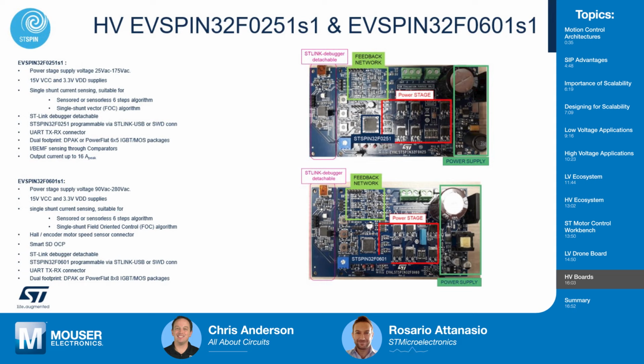The power stage can be implemented with either MOSFETs or IGBTs in multiple package options. For example, here we are showing the DPAK, but this board can also be mounted with PowerFLAT 5x6 packages. So it's a very flexible platform that again suits very well the purpose of scalability.